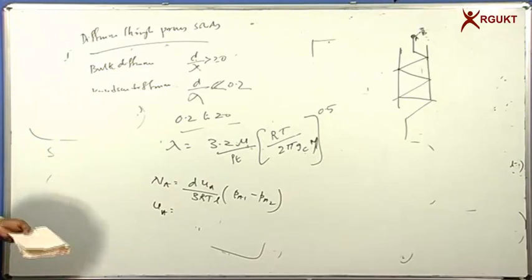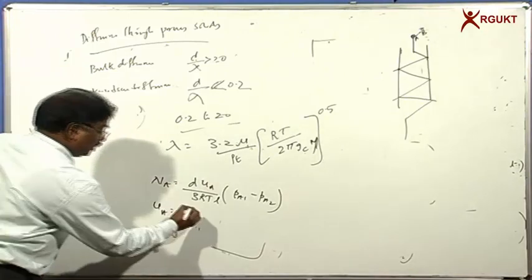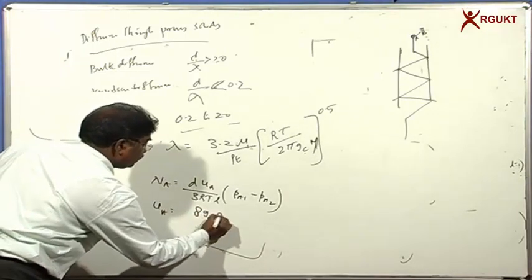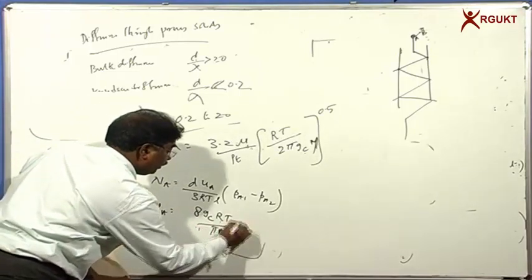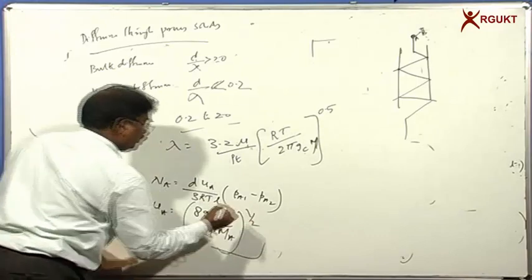This molecular velocity is given by the kinetic theory of gases, that is equal to 8 Gc RT by pi into Ma to the power of half.